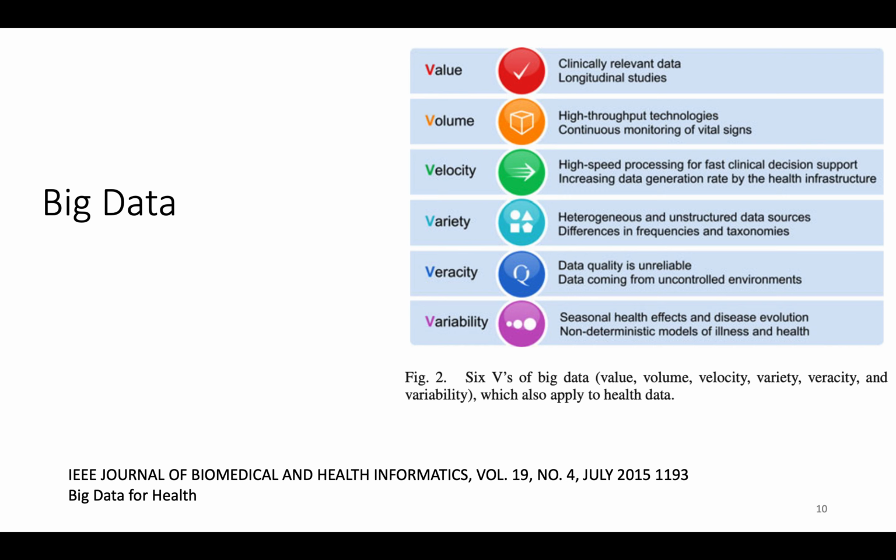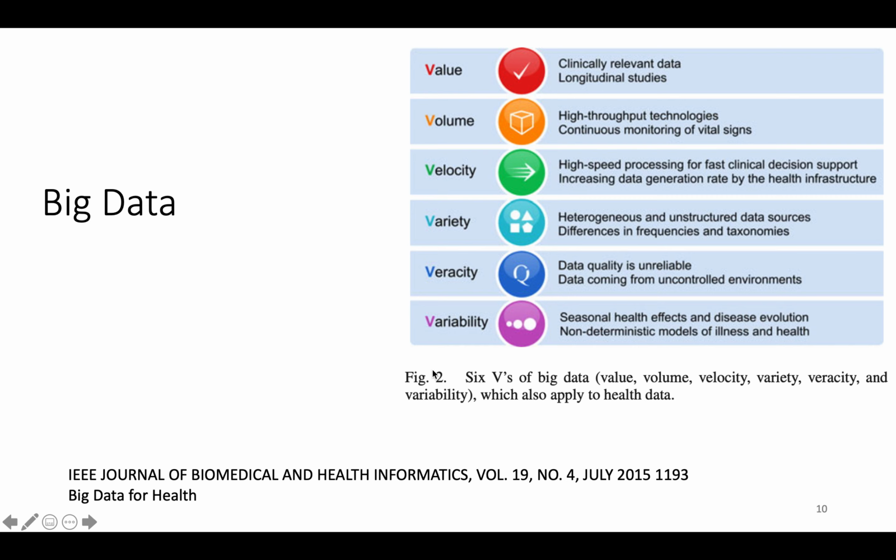Every second you have some form of data that are collected. They are coming from a variety of sources, not only one source. There are different sources that you collect. Veracity, it means the data quality is variable, and it might be unreliable. Data coming from uncontrolled environments. Variability, seasonal health effect and disease evolution.